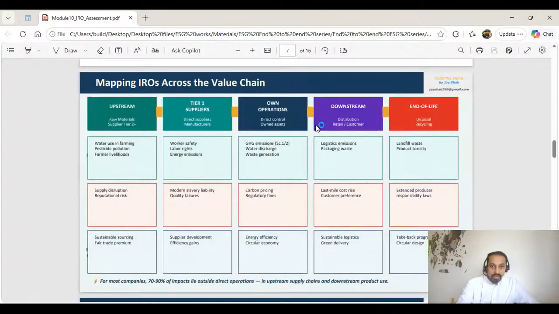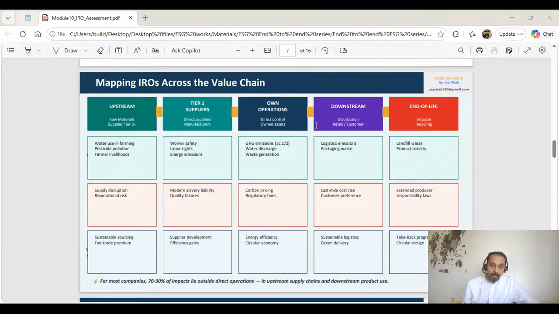Now we will move into section 3 of the overall assessment and management. Mapping the IROs across your value chain is very important and very critical. We are now moving from the conceptual and assessment dimension into two important practical topics: value chain mapping and connecting your impacts, risks, and opportunities to your financial statements.